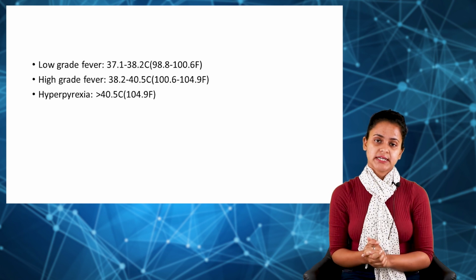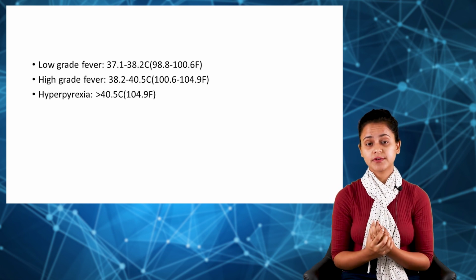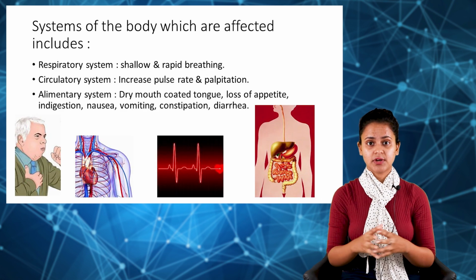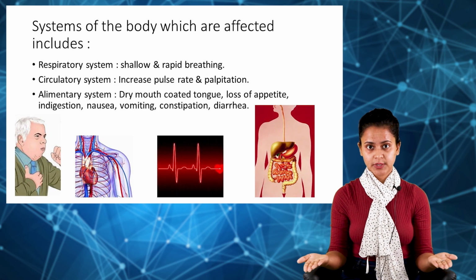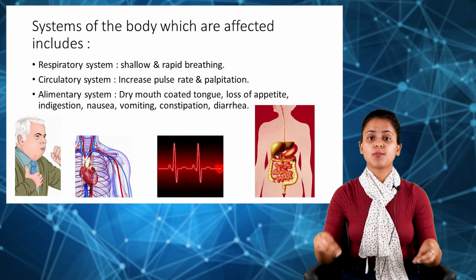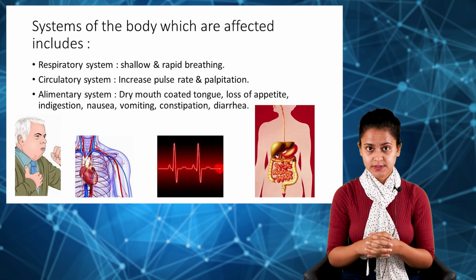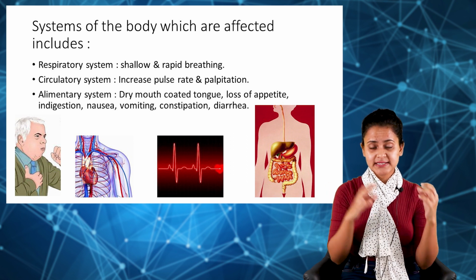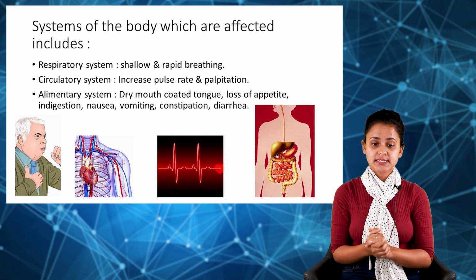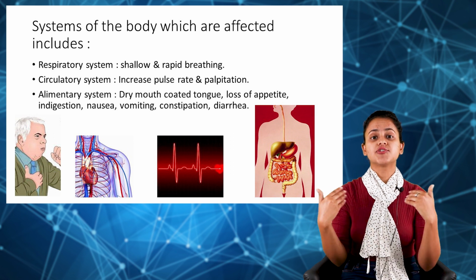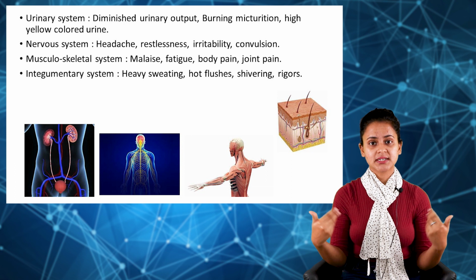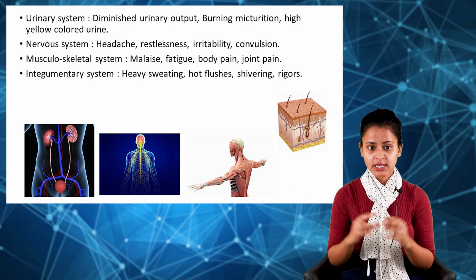Now, as we have studied the types of fever, we should learn that whenever a person presents with hyperthermia or fever, the systems of the body will be affected. First we are going to learn about the effect of fever on the respiratory system. We will see shallow and rapid breathing often among clients who develop fever.